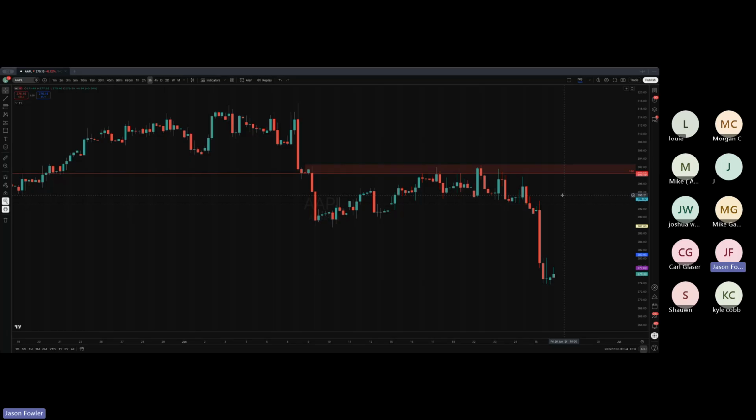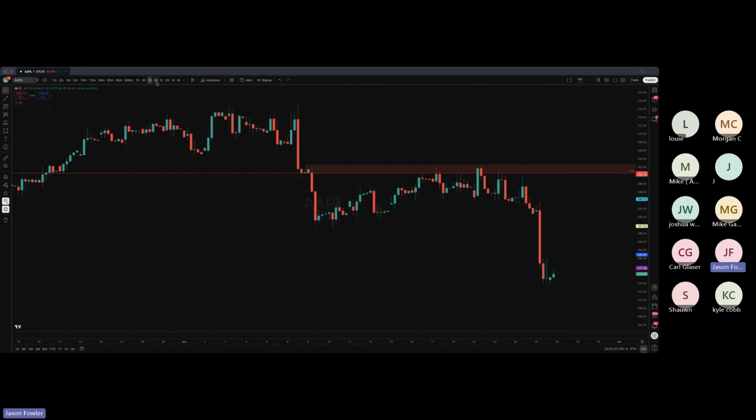Some of the prime setups are failed breakouts and failed breakdowns. So zones kind of help with that too, because they're not as precise as just having one set line. You have a zone you're working off of. And again, the zone still needs to be somewhat specific. You don't want to be too wide or too large of a zone. The really important thing to watch for is candlestick structure out of that zone.